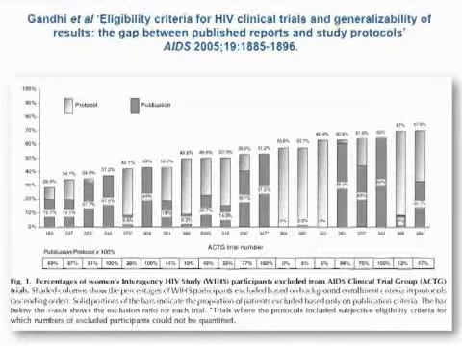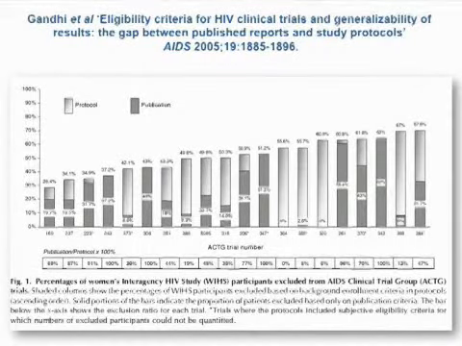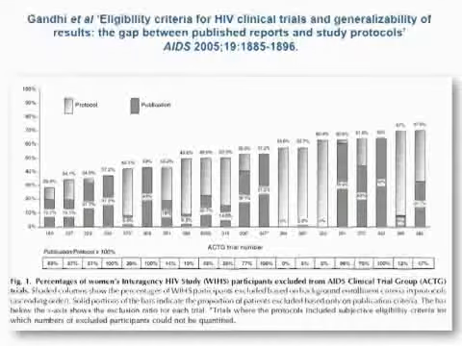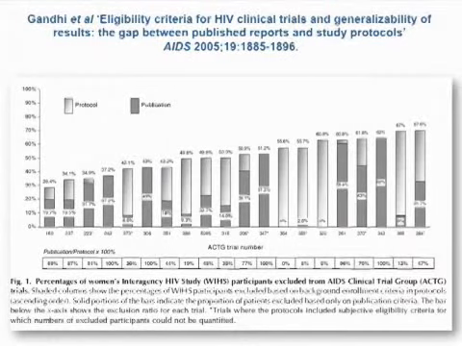Each of these bars is broken up by the percentage of women who would be excluded by what was published versus those excluded by what was in the protocol. This illustrates the importance, when publishing the results of clinical trials, of ensuring that what you write up is actually what you do in practice in the protocol.